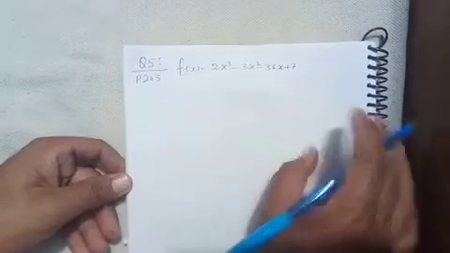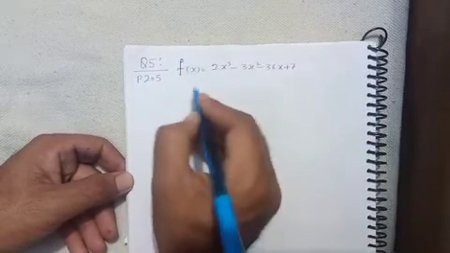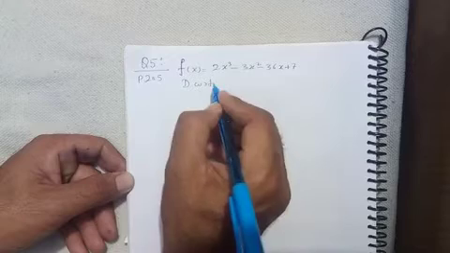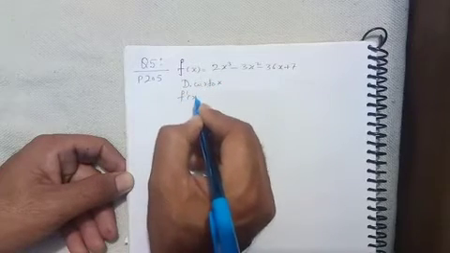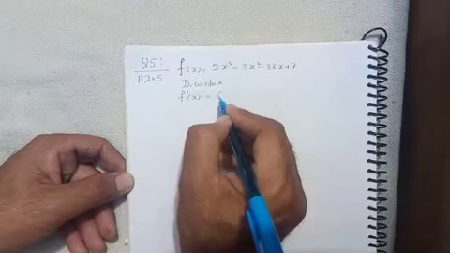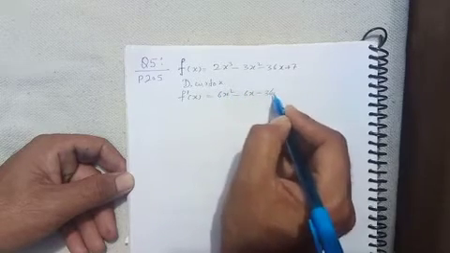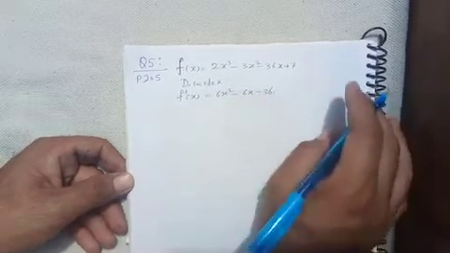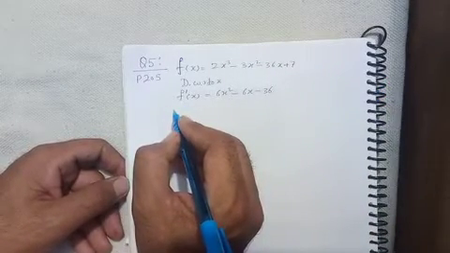First step to solve this kind of questions, if f(x) equal any polynomial in x, first differentiate with respect to x. f dash x equal 6x square minus 6x minus 36. Now to find out the intervals, put f dash x equal 0.